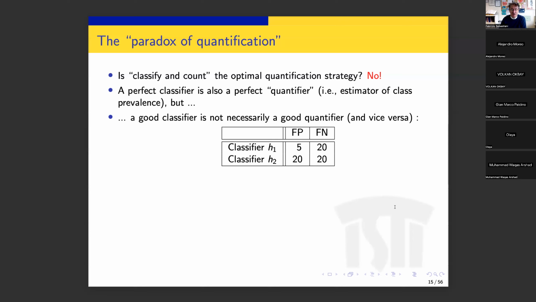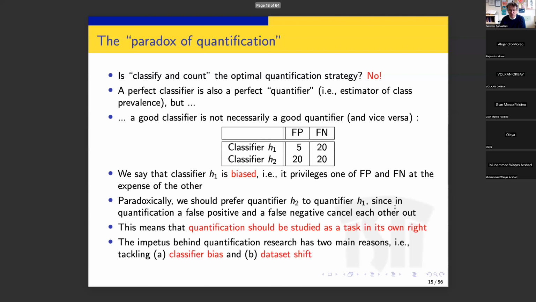Which one is the better quantifier? Which one is the better estimator of the positive class? It's H2. For the goals of quantification, a false positive and a false negative cancel each other out, because a false positive says the item belongs to this class while it shouldn't, and the false negative says the item doesn't belong to the class while it should have been.